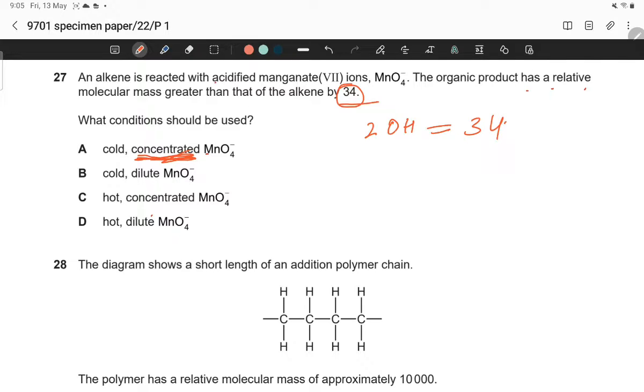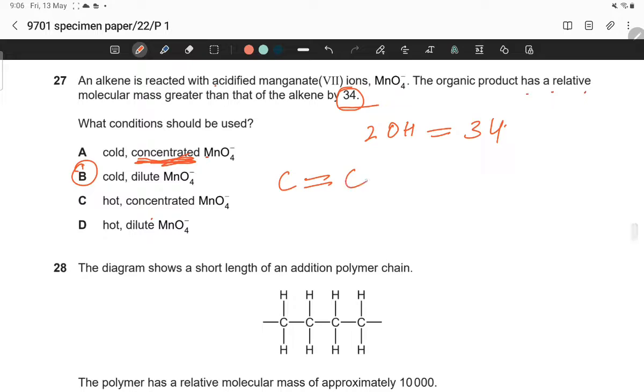So for this condition, cold dilute, because when an alkene reacts with cold dilute manganate ions, a diol is formed. So for example, this must be correct.